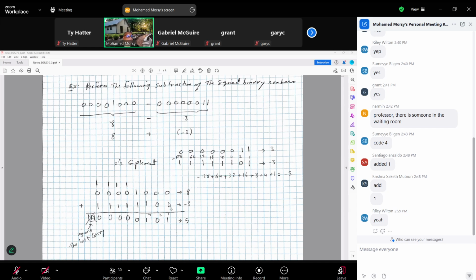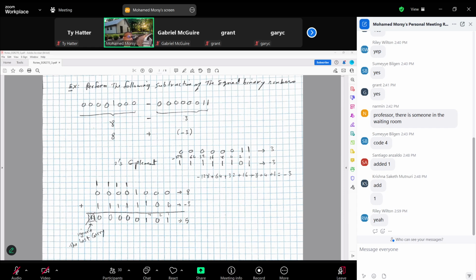We add them. And remember, this represents negative 3, but we add, because the negative sign is already embedded in this number. So 0 plus 1 is 1, 0 plus 0 is 0, 0 plus 1 is 1, 1 plus 1 is 0 with carry 1. We put the carry 1 here and leave it for a moment.